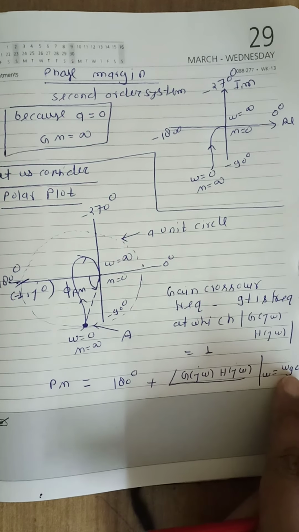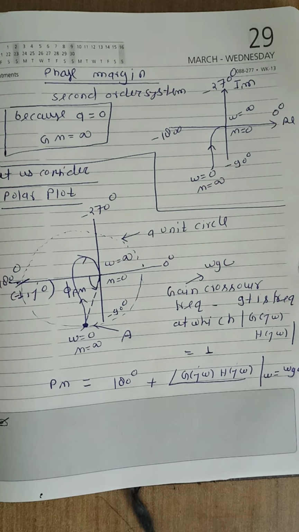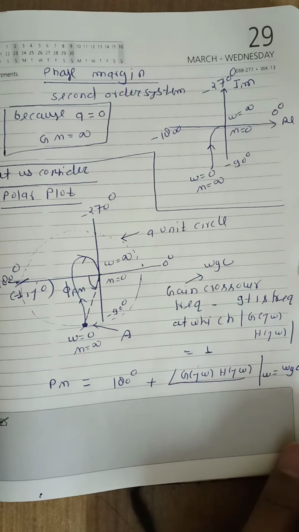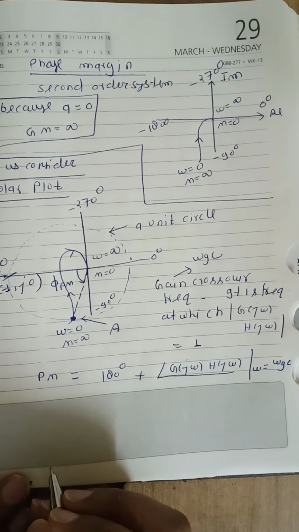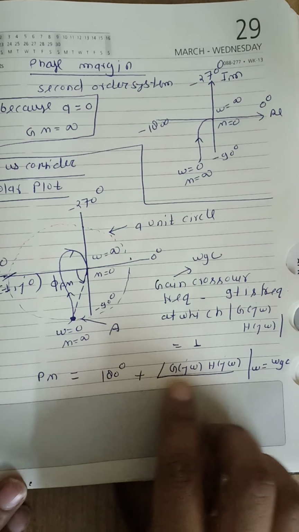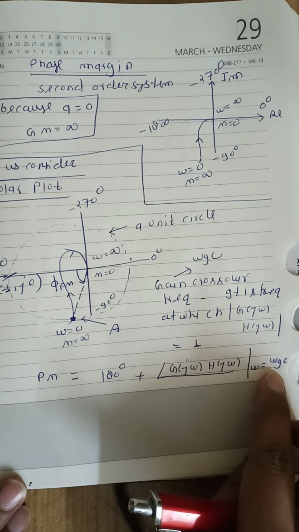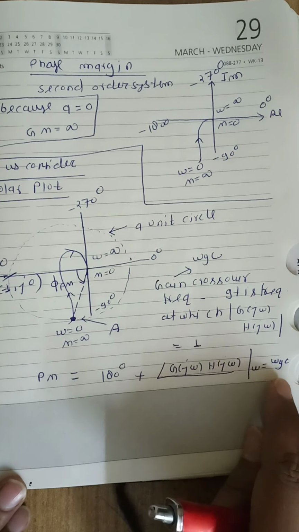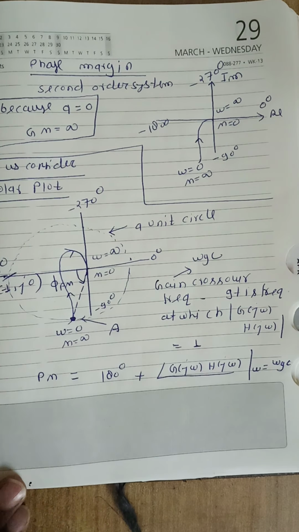Omega gc is the gain crossover frequency, and the phase angle at the gain crossover frequency is measured negatively.